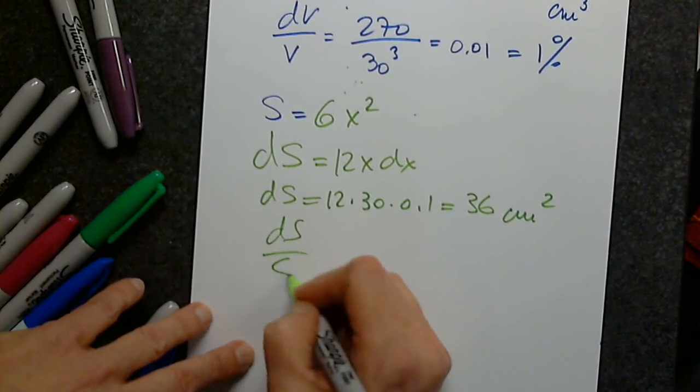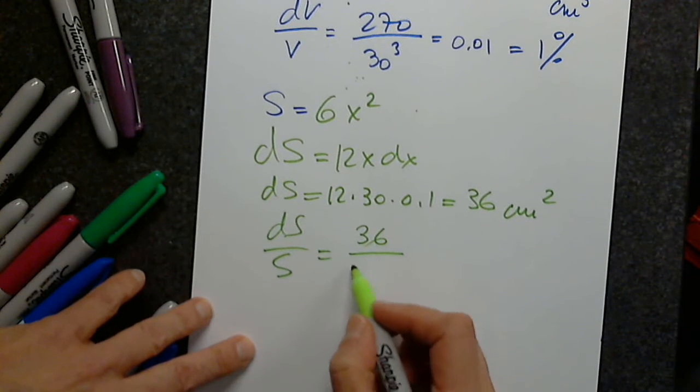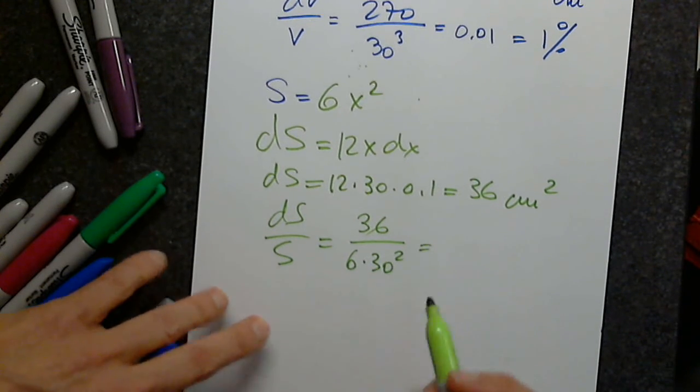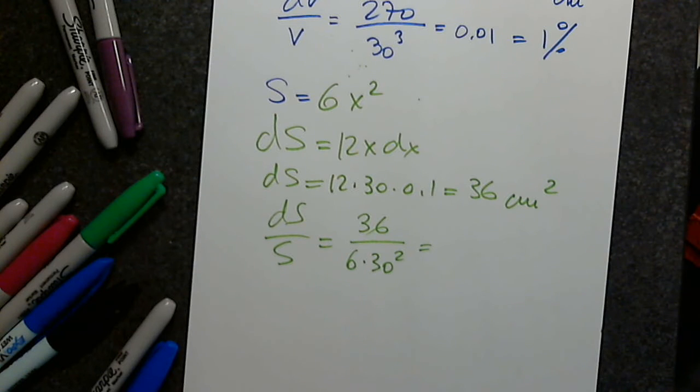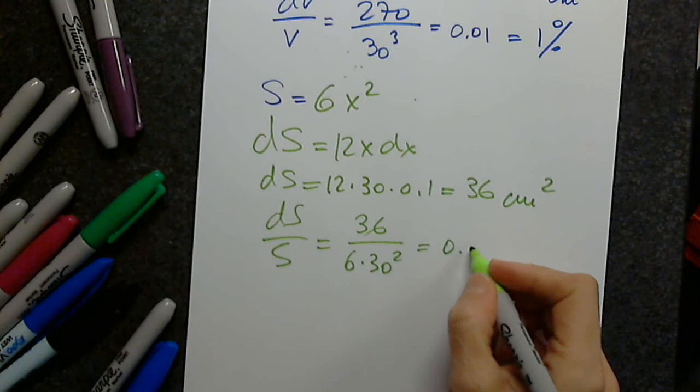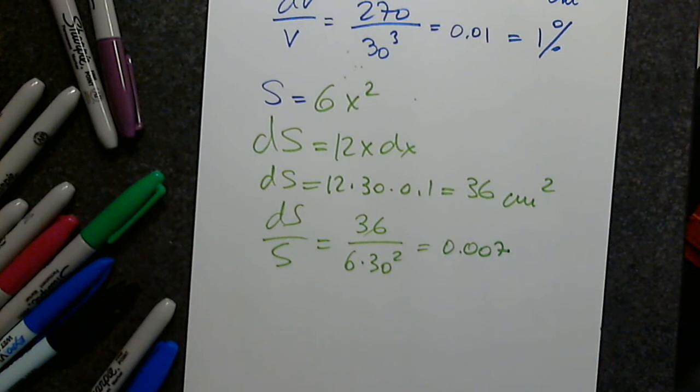Now we want the dS over S, which is 36 divided by 6 times 30 squared. What is that? 0.007. 0.007?